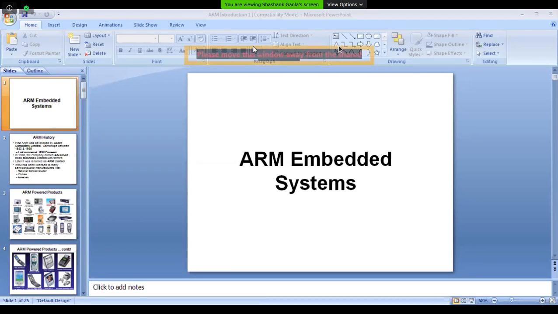And these semiconductor companies integrate extra units around the core and package it mostly as a microcontroller, and sell it with their brand name, such as Philips ARM7 based microcontrollers, or Philips ARM9 based microcontrollers, or Atmel ARM7 based microcontrollers, or Atmel ARM9 based microcontrollers, or Samsung ARM9 based microcontrollers.